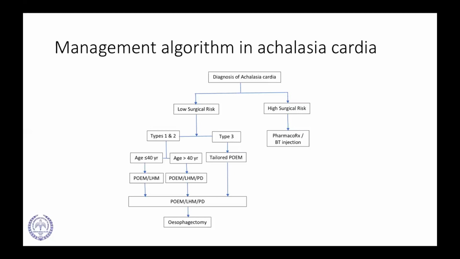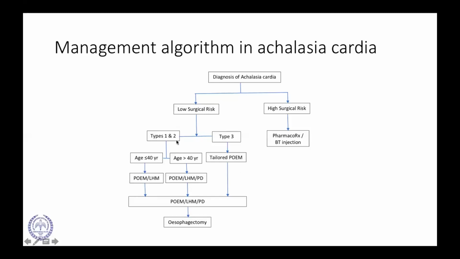If there is high surgical risk, pharmacotherapy or botulinum toxin injection can be given. For those with low surgical risk, they are subclassified as having type 3 achalasia or non-type 3 achalasia. For type 3 achalasia, a tailored POEM is performed. Tailored POEM is nothing but a POEM with a longer myotomy.